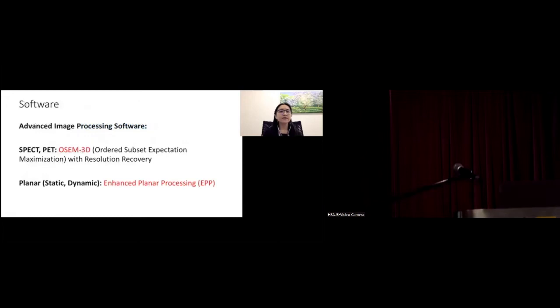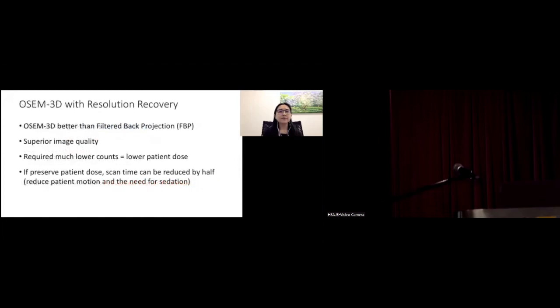Nowadays, there is advanced image processing software which can give us better image quality, requiring much lower counts, and we can lower the patient dose.